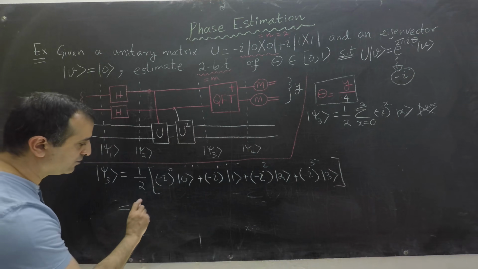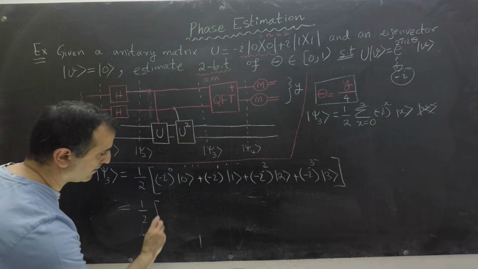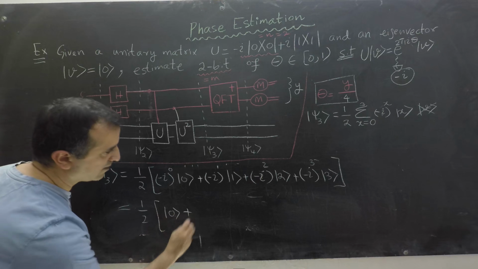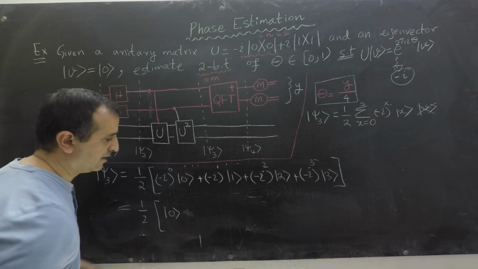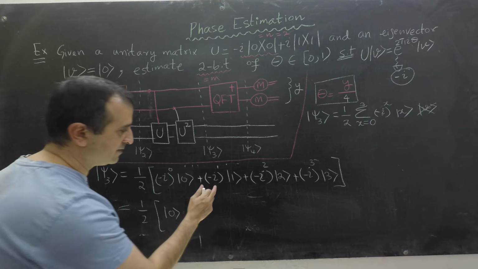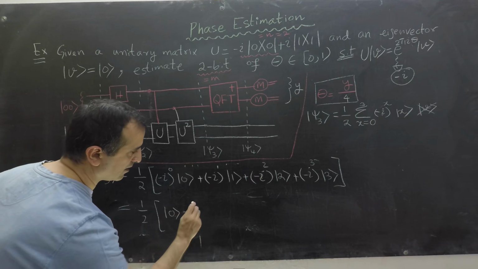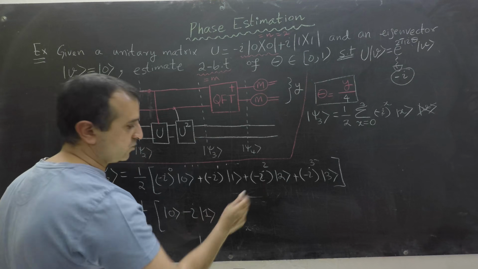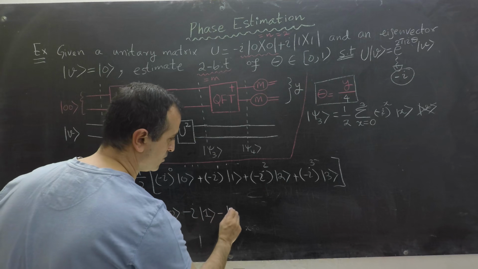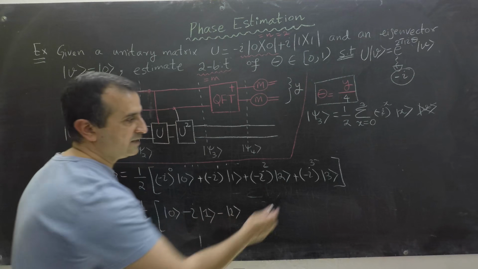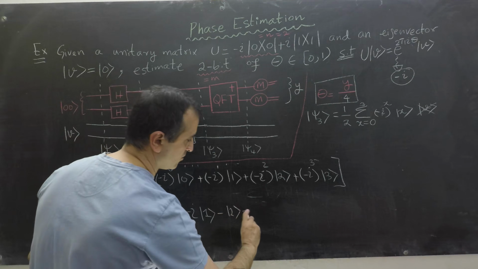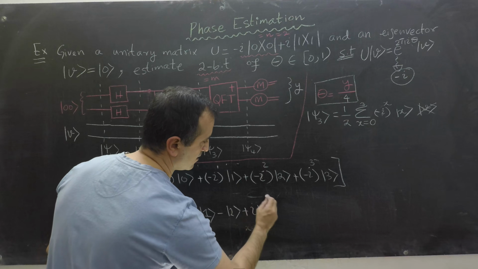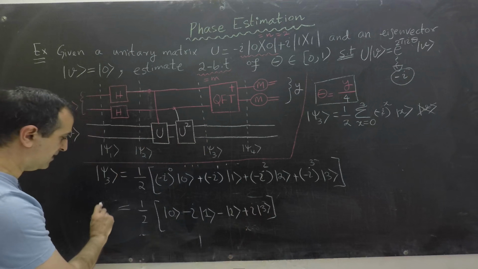Which simplifies to 1/2: this will be 1, so I have |0⟩ here, plus this will be minus i, so I write minus i |1⟩. This will be equal to minus 1, so I write minus |2⟩. This will be equal to plus i, so I write here plus i |3⟩. So that's my |ψ3⟩.